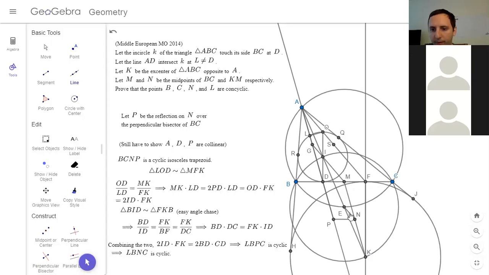Since M is the midpoint of FD and K is the midpoint of FX, then MK is parallel to AD. So yeah, I think that's a fairly simple proof of it.